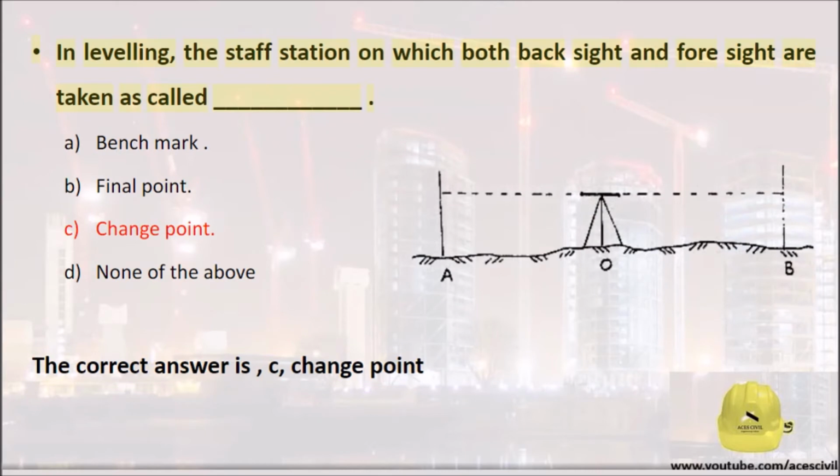In leveling, the staff station on which both backsight and foresight are taken is called: A. Benchmark, B. Final point, C. Change point, D. None of the above. The correct answer is C. Change point.